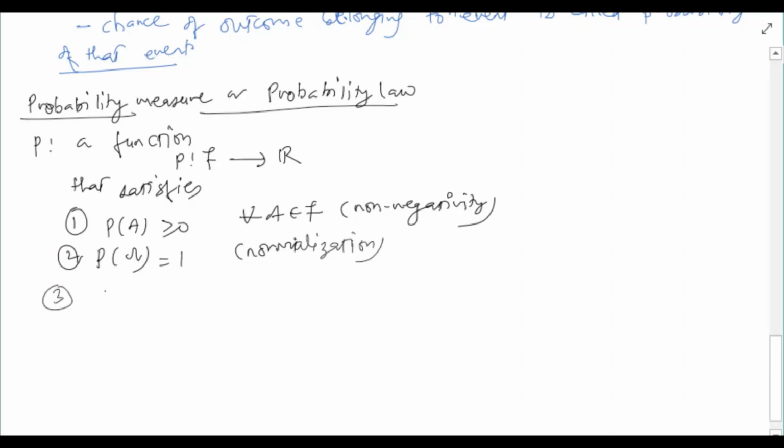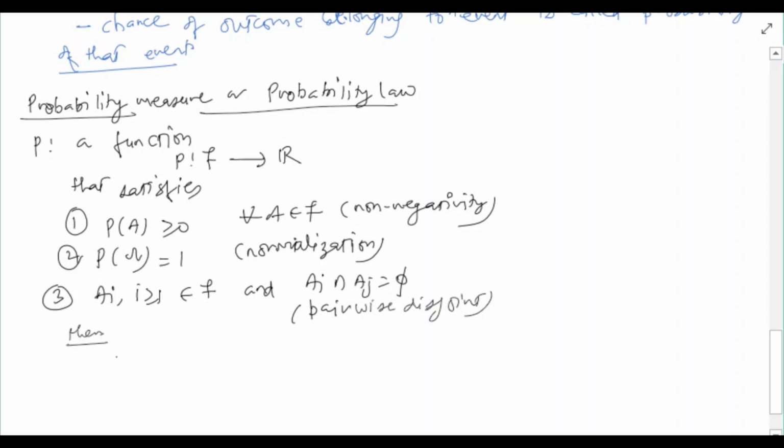And the third one is, if A_i, i greater than or equal to 1, belong to F and they are disjoint, that is A_i intersection A_j is the empty set, they are pairwise disjoint, then the probability of the union of these events is the sum of their probabilities.